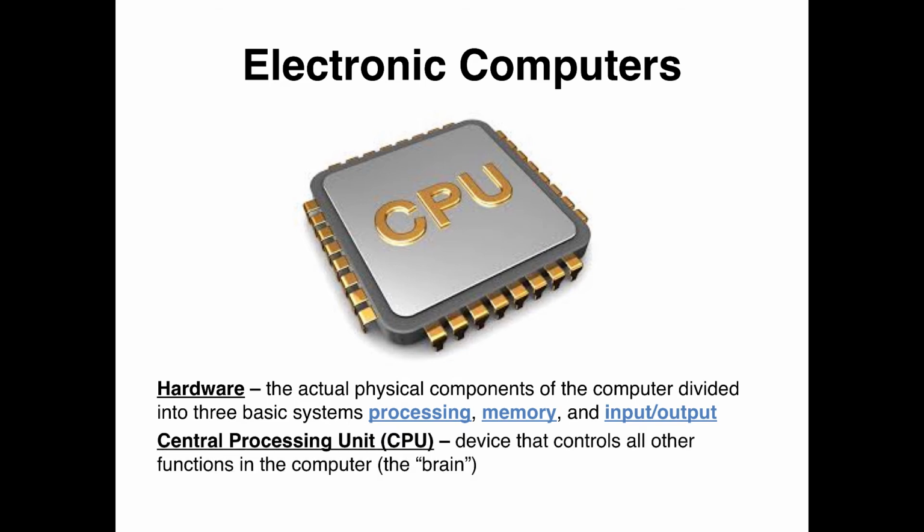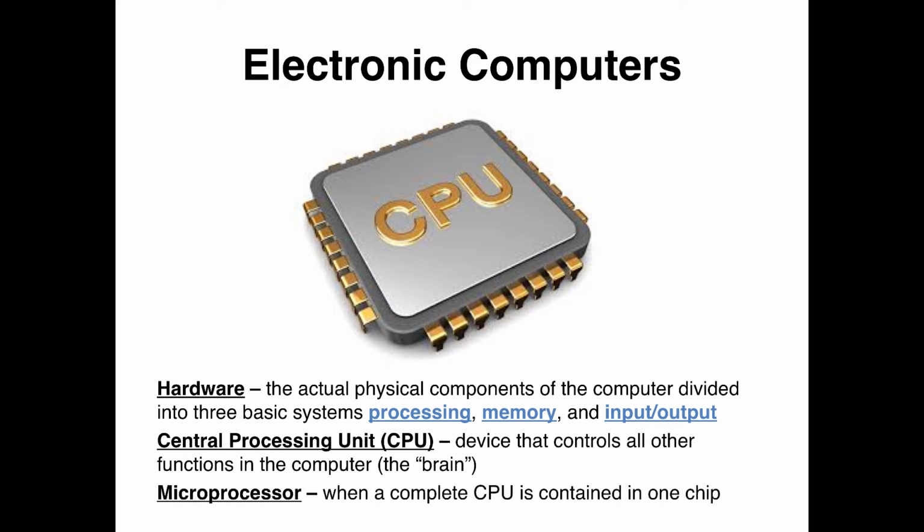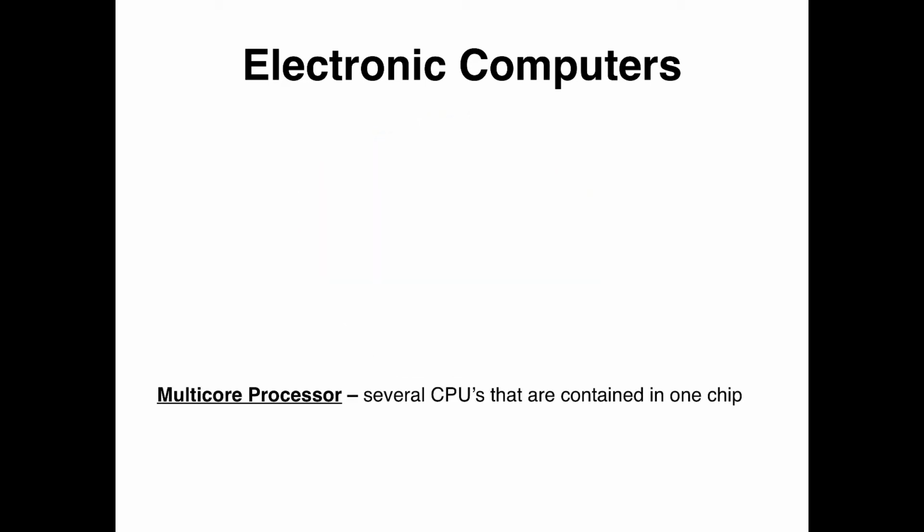So the CPU, or Central Processing Unit, is the device that controls all the other functions of the computer. It is the brains of the computer, if you will. And a microprocessor is when you put all of this brain into a single chip, and so it's called a microprocessor. Multi-core processors are when several CPUs are put together in a single chip.